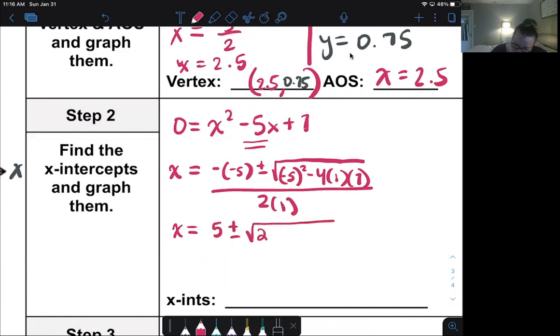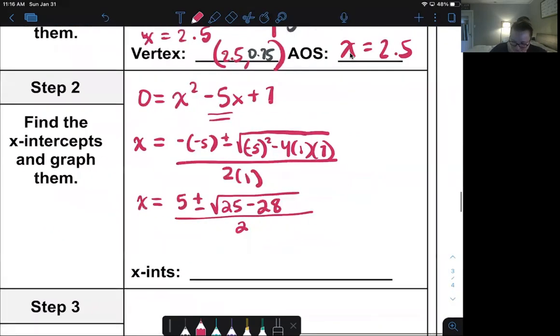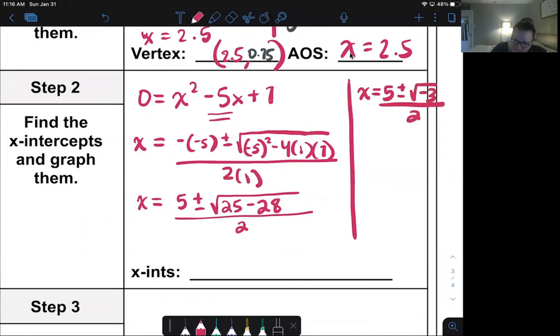Negative 5 squared is 25. 4 times 1 times 7 is 28, all over 2. So then we get x is equal to 5 plus or minus the square root of negative 3, all over 2.